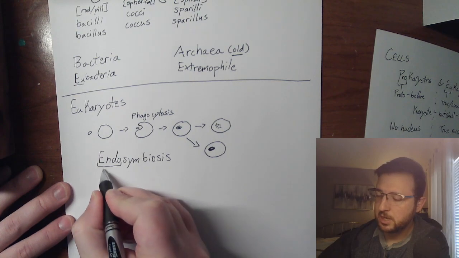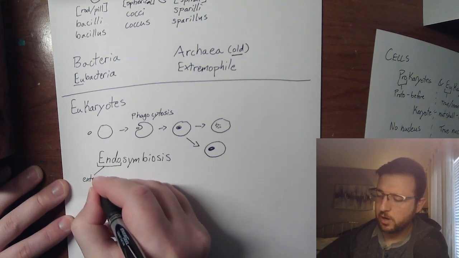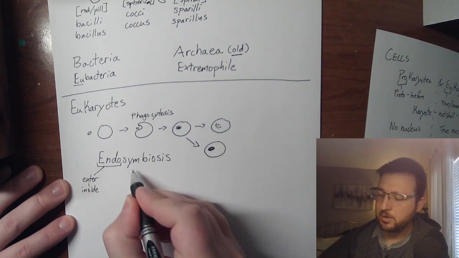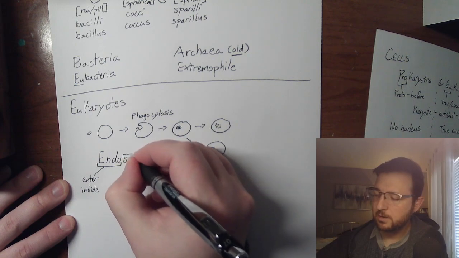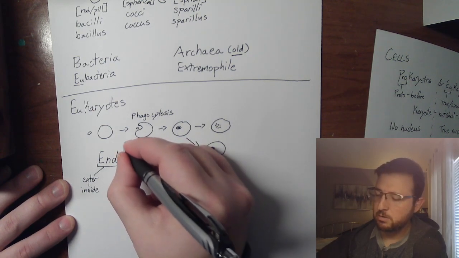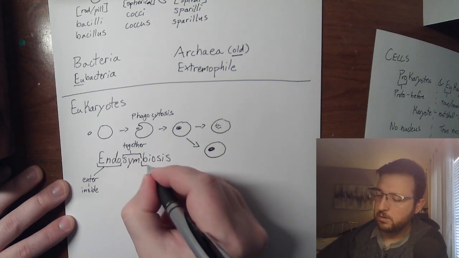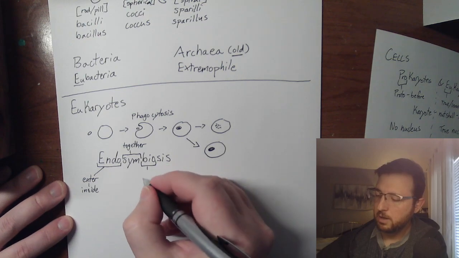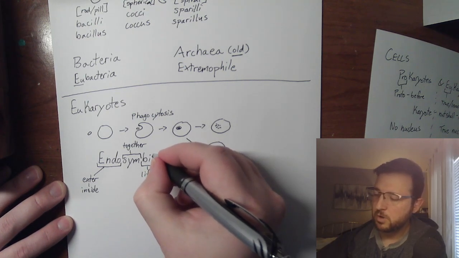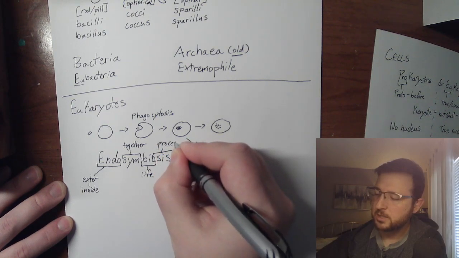So let's take this endo. That's where we get our word enter from. It means inside. Okay, endo, inside. Sim means together. Bio, you know that one, means life. And then this word osis means process.